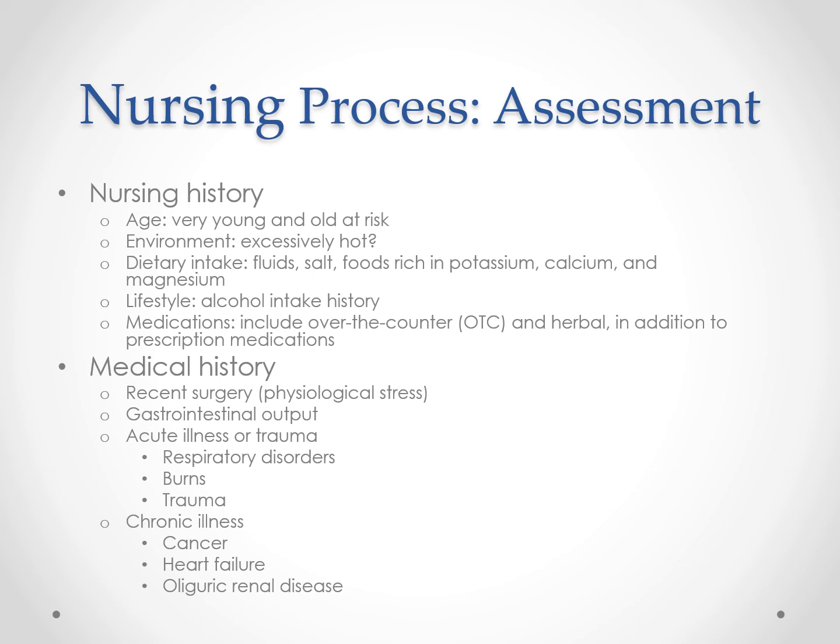Acute illness or trauma, respiratory disorders, burns, trauma, all will pay a big price for your fluids. Let's see here, chronic illnesses, cancer, heart failure, oliguric renal disease. It messes up all of your functions with your fluid and electrolytes.